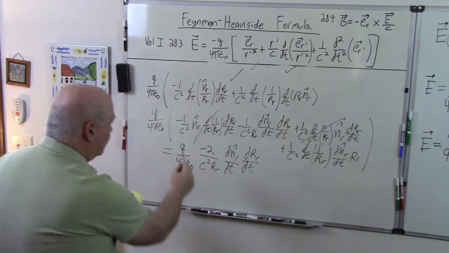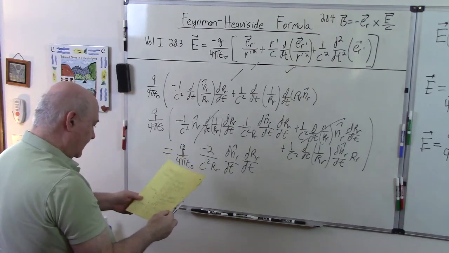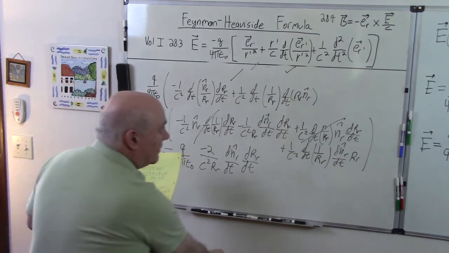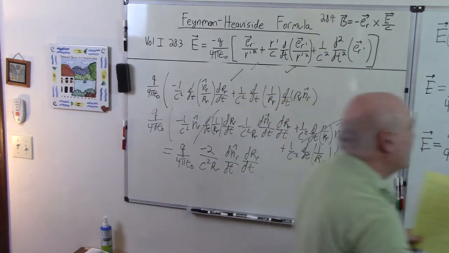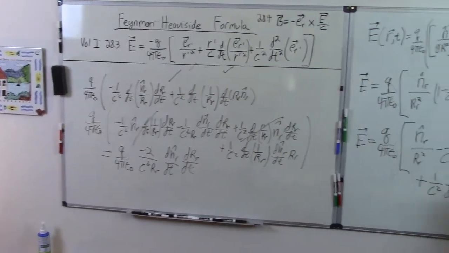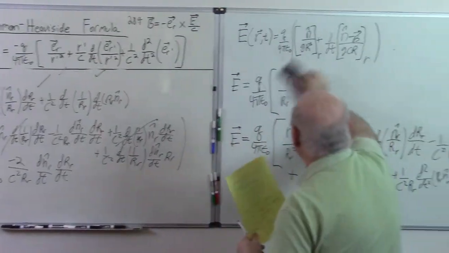So this is our result from the mixed term. Now we have one more second derivative term to calculate, and that should give us the final result.